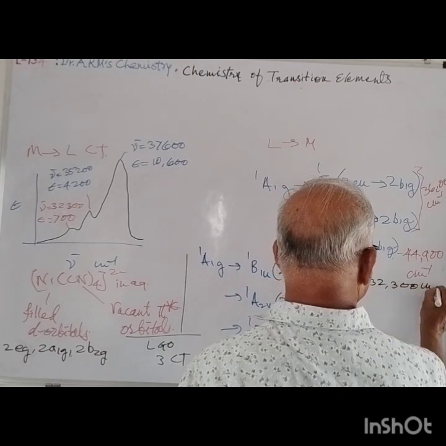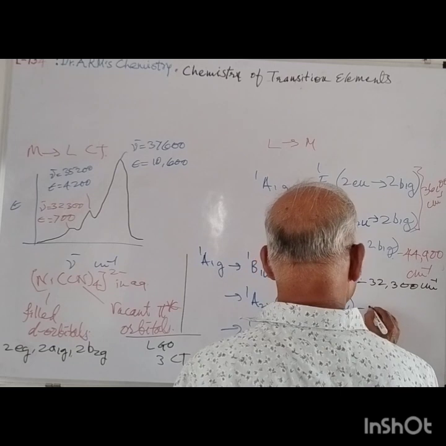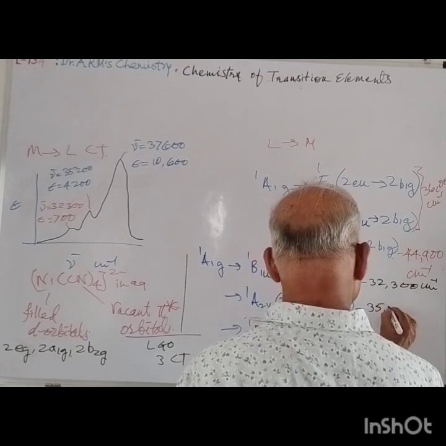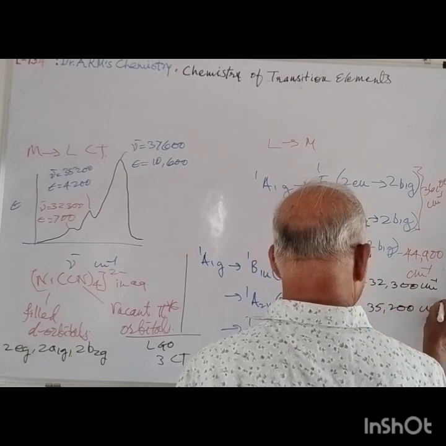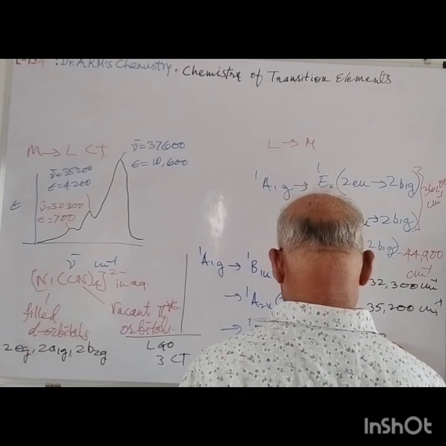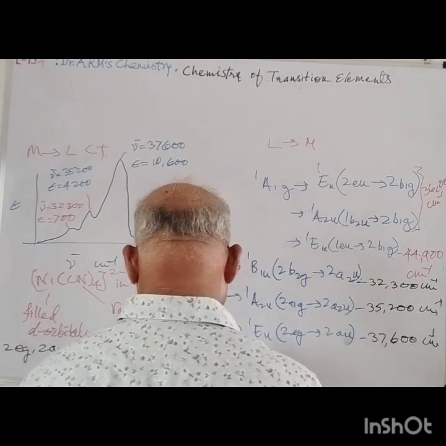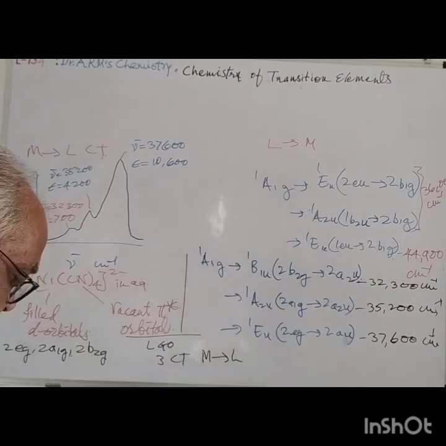32,300 per centimeter. This will have 35,200 per centimeter, and this will have 37,600 per centimeter. The symmetry forbidden transition is G to U, means change in the symmetry is shown here.